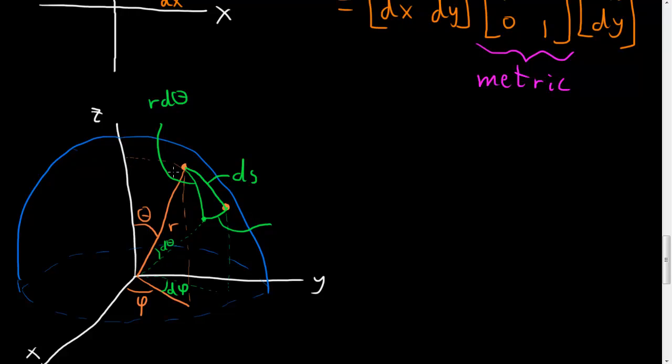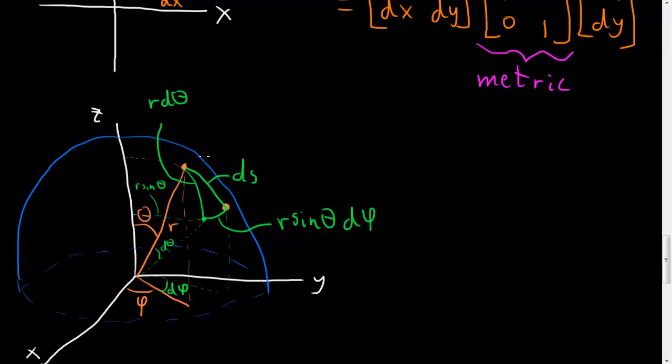If I draw it, this diagram will get more complicated, but there's a radius here of r sine theta. It's really r sine of theta plus d theta, but if d theta is small, we can ignore it. So the radius of the circle is r sine theta, and it subtends an angle d phi along that circle. So the length of this guy is r sine theta d phi.